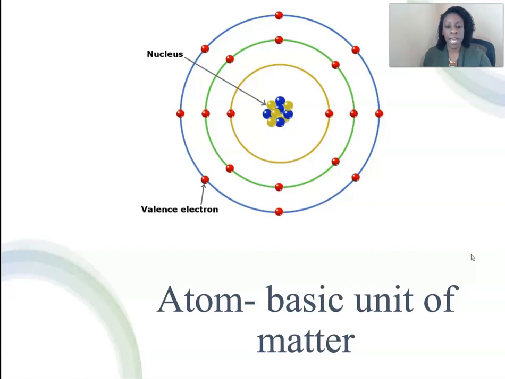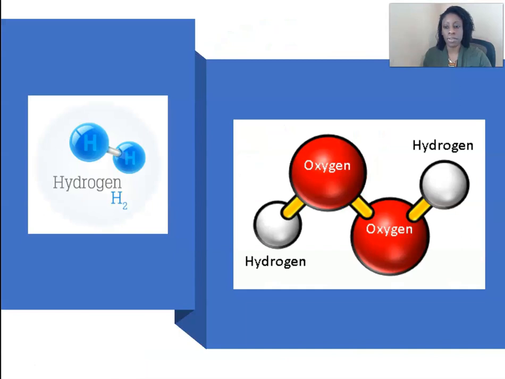So one way for an atom to do this is to share its own valence electrons with the valence electrons of one or more atoms. So one atom can share its valence electrons with another atom of the same element. For example, two hydrogen atoms can come together to share their valence electrons, and that's what we see happening here.